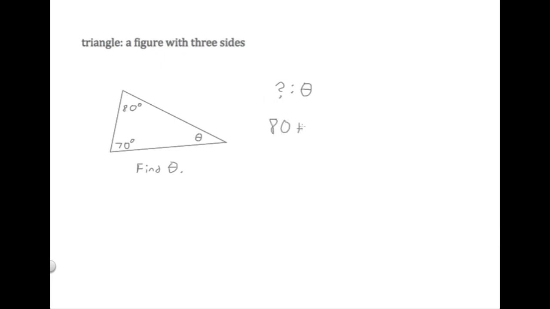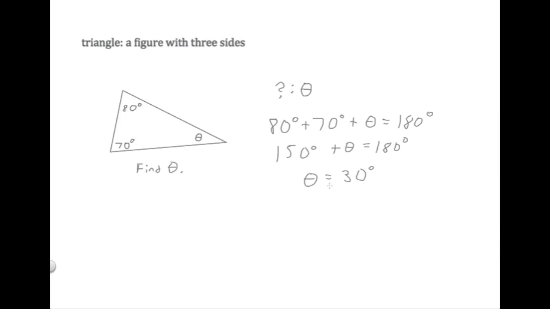And then we know that 80 degrees, plus 70 degrees, plus theta, should equal 180 degrees. The angles in a triangle add up to 180. So this would give us 150 degrees plus theta equals 180. So we can subtract 150 from both sides, and we get theta is 180 minus 150, or 30 degrees.